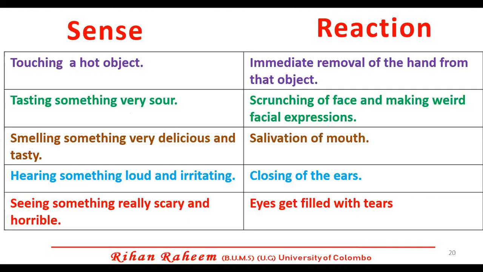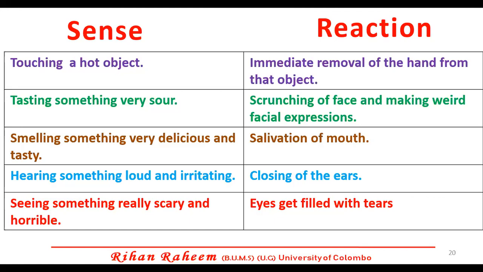We call it scrunching the face and making a weird facial expression. They will make the face like that because it's so sour. So here in this situation, what is the sense organ? It's the tongue. And what's the effector? The face muscles.